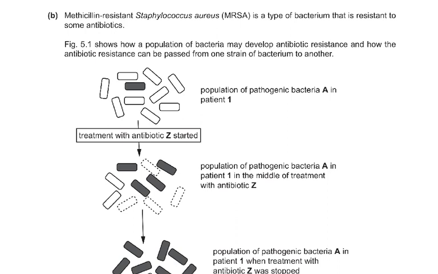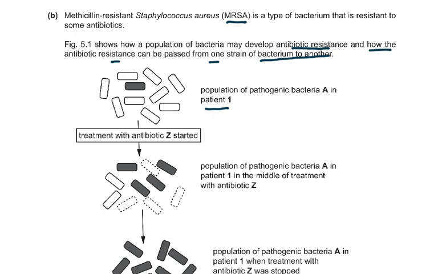Then coming to part B of the question: methicillin-resistant Staphylococcus aureus, or MRSA, is a type of bacterium that is resistant to some antibiotics. Figure 5.1 shows how a population of bacteria may develop antibiotic resistance and how the resistance can be passed from one strain of bacterium to another. So we have a population of pathogenic bacteria A in patient 1.